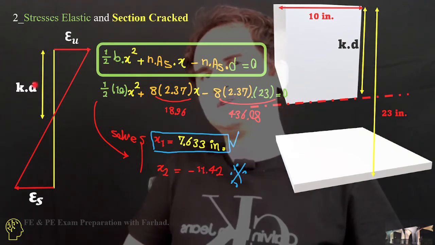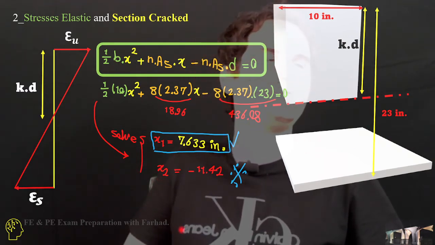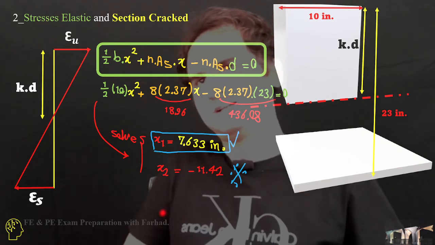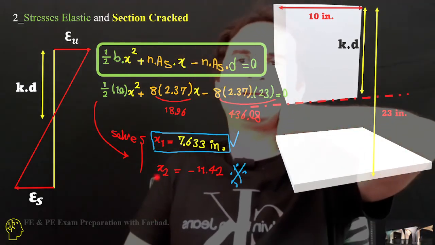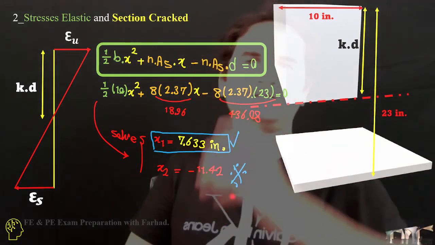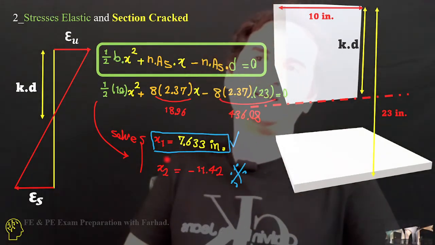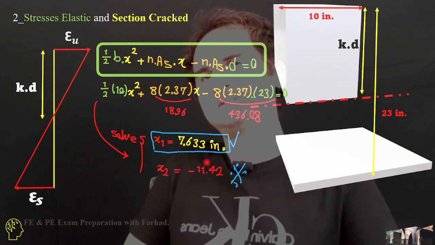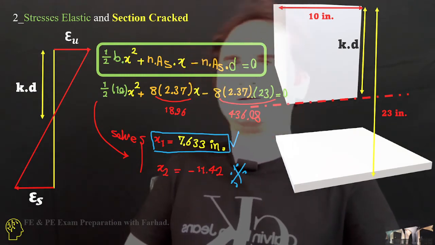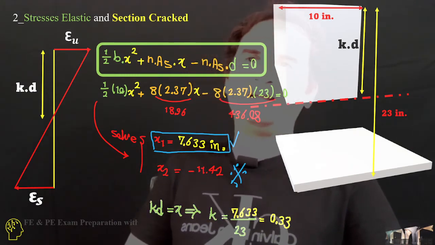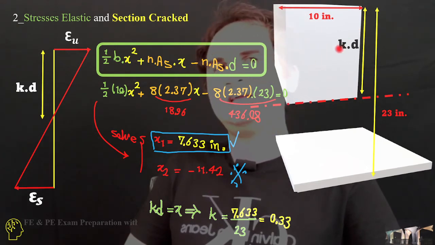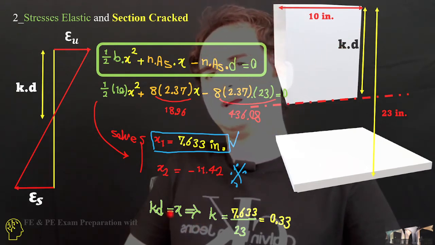If you solve this equation, it gives you two roots, x1 is positive and x2 is negative. Definitely we cannot go with the negative answer, because that should be a positive number, so definitely x1 is 7.63 inches. And x, if you remember, was kd, so x is equal to k times d.